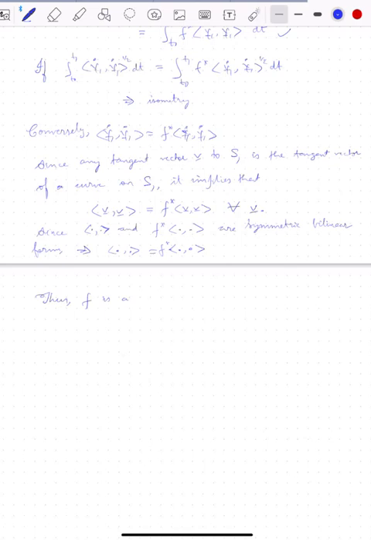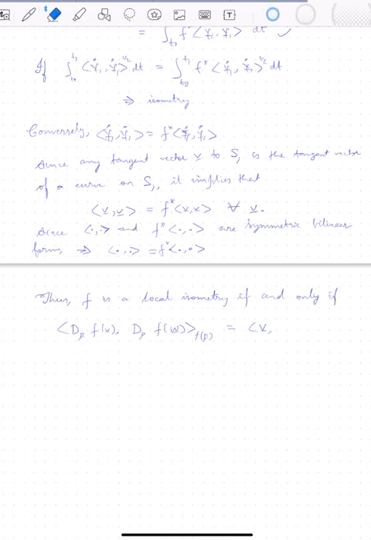So then eventually what we have is thus: F is a local isometry if and only if dp of f v vector comma dp of f w vector at f of p, which means after mapping, will be the same as v comma w at p vector.